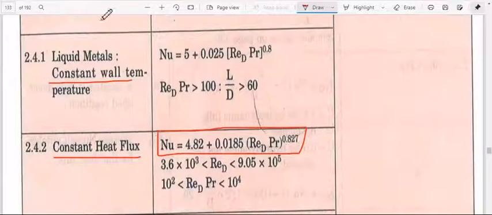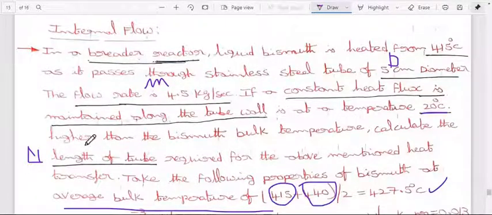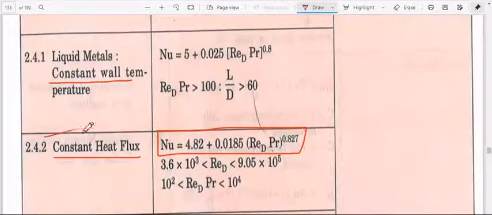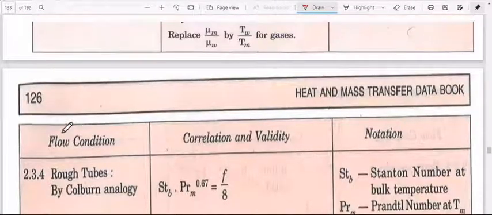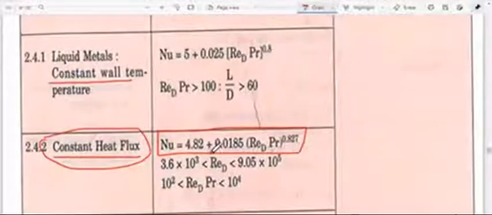In this question, if a constant heat flux is maintained along the tube, that's why I am considering the constant heat flux formula, the turbulent flow formula.